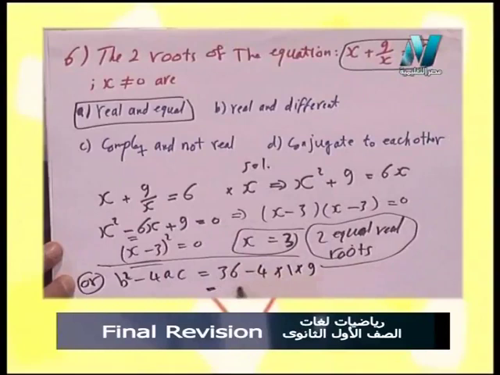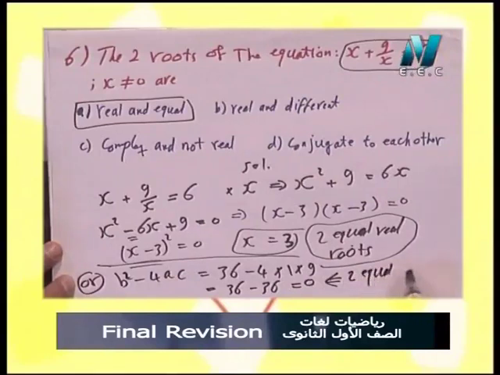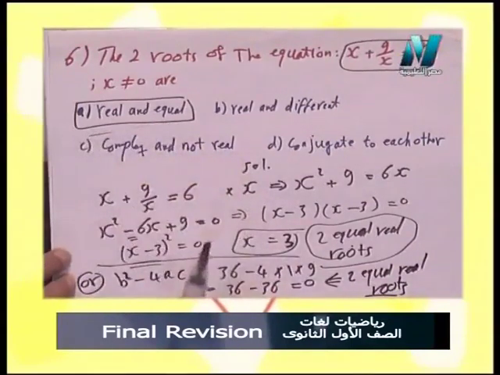So 36 here minus 36 equals 0. And when discriminant equals 0, my dear students, we know that we have two equal real roots. So the answer is well, and we have two methods for the equation.